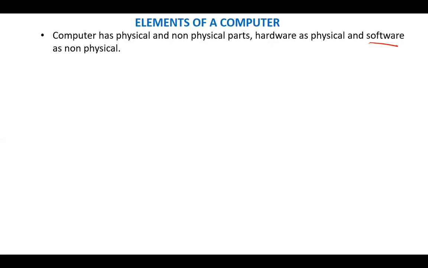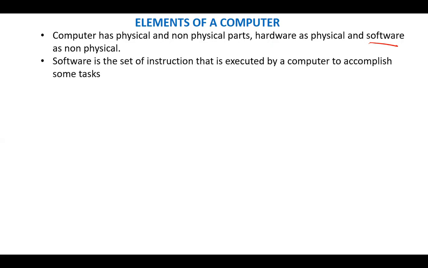We'll look at it in details in the next lesson. Then from there, we'll also look at the hardware. We said we have two types of computer elements: the physical element and the software element.